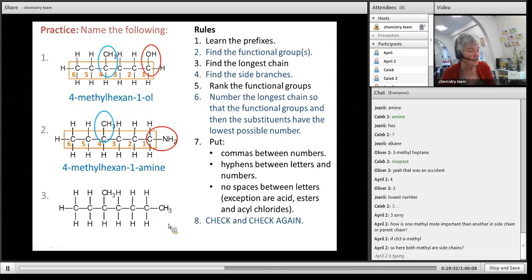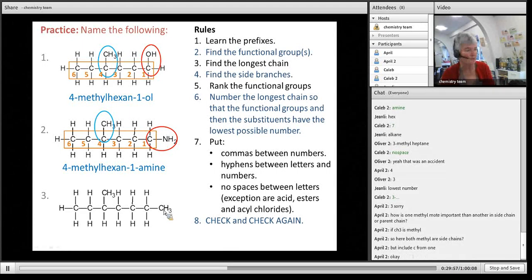Yes, if this hydrogen was a methyl, then I'd have 2 methyls. You can never have 1 methyl. This can never be a side chain because it's part of the parent chain. So if you ever make a name 1-methyl something, unless it's part of an ester, you've made a mistake.